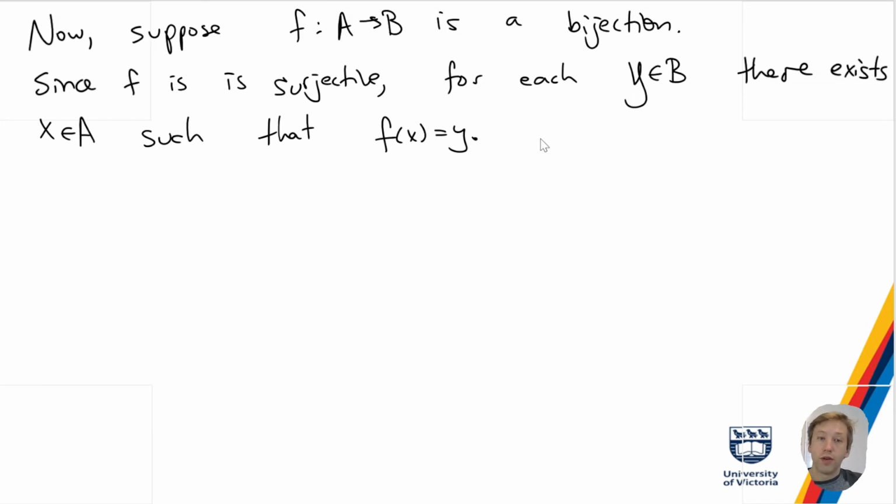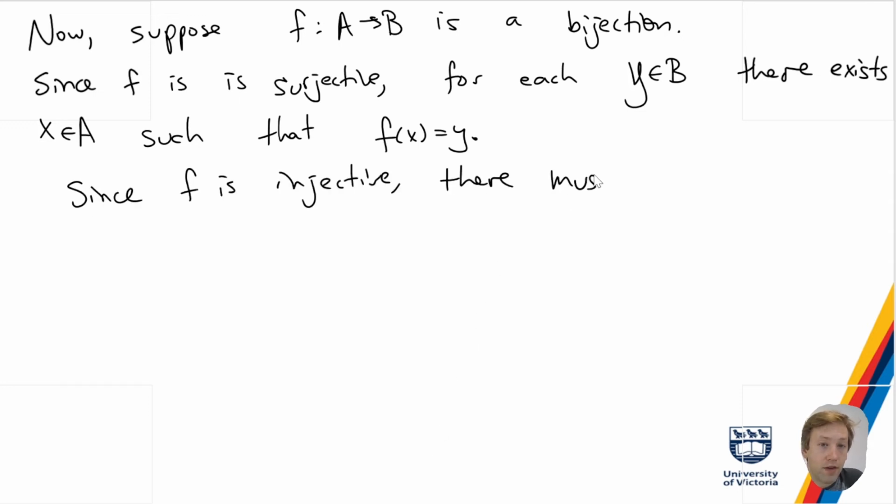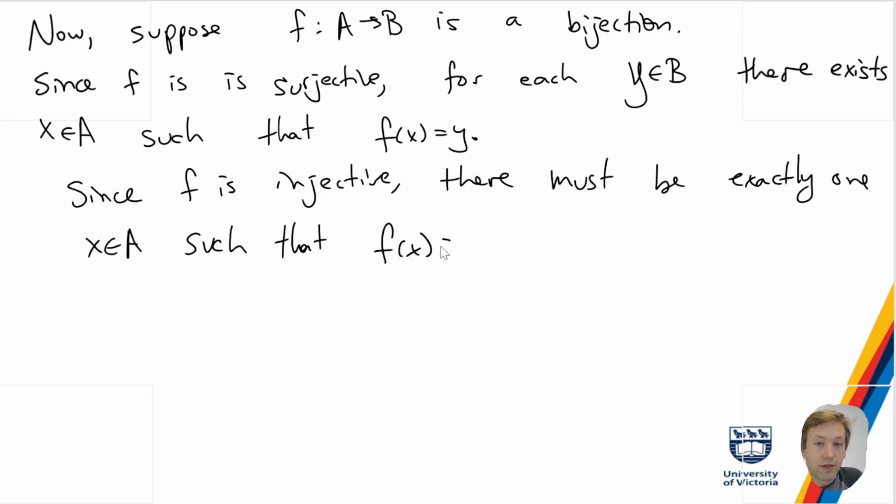But also, since f is injective, there must be exactly one x in A such that f of x is y.